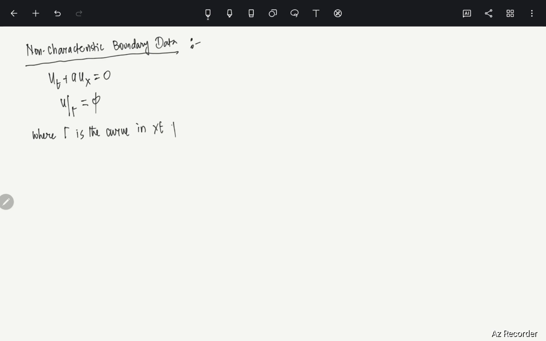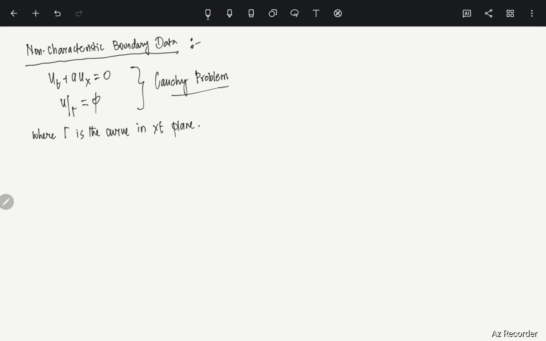Initially, gamma was the x-axis, that was our curve t equals 0, and here I am restricting it not to the x-axis but to any arbitrary curve which is gamma. That's the arbitrary curve. This problem is called the Cauchy problem.